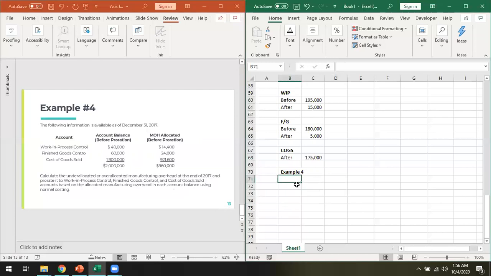Okay. So let's first copy the numbers. We have work in process control, finished goods control, then cost of goods sold.